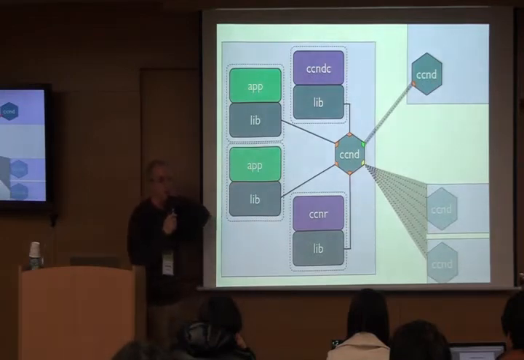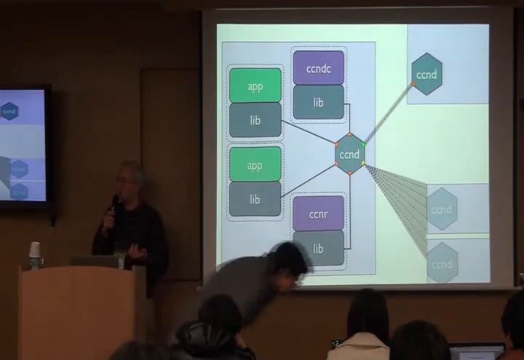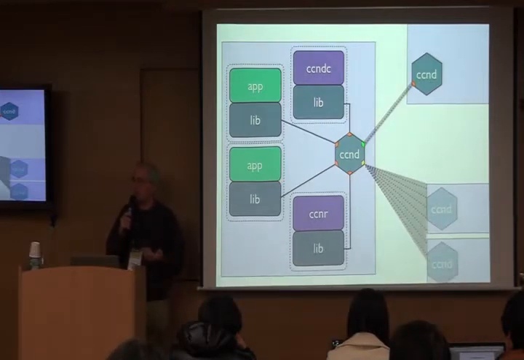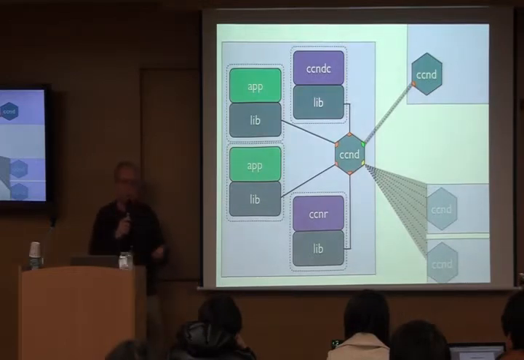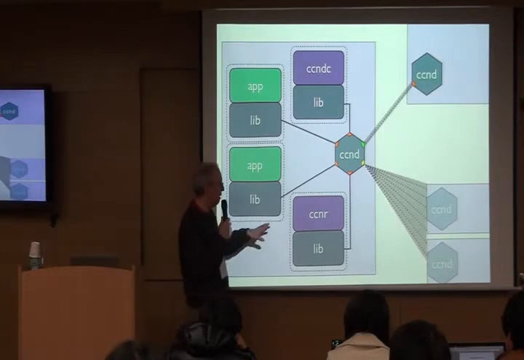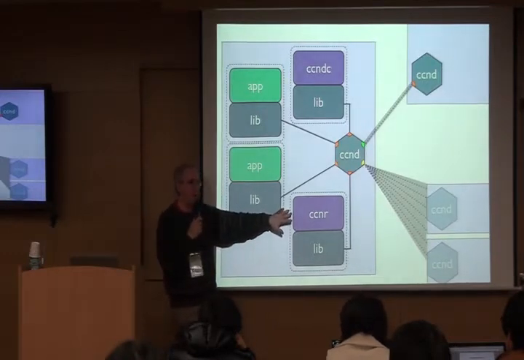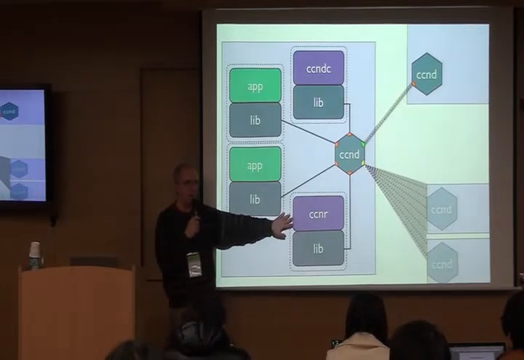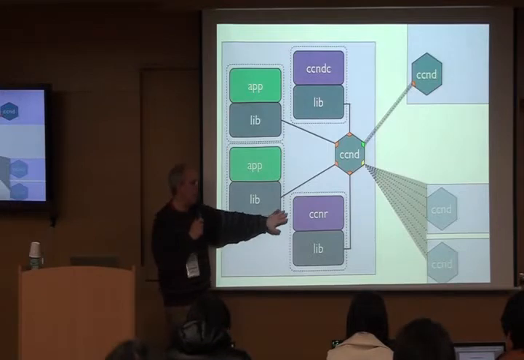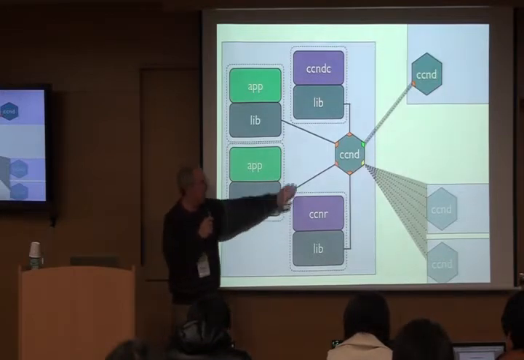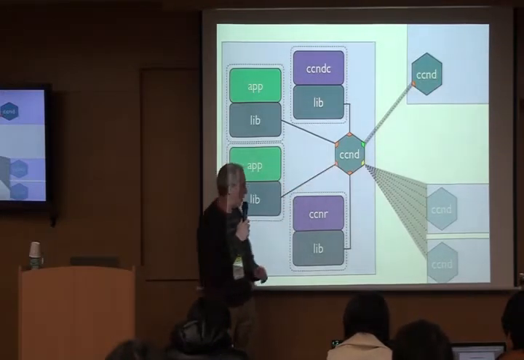It's because for many, many real nodes and real practical application scenarios, you have some need to have some local storage to keep just things that you need to remember about the state of your application, maybe keys and things like that. And for that reason, we expect that many, many deployments are actually going to have a CCNR with some local state that is saved here, but that doesn't mean you have to have it in order to run. You have to have the CCND basically in order to run.